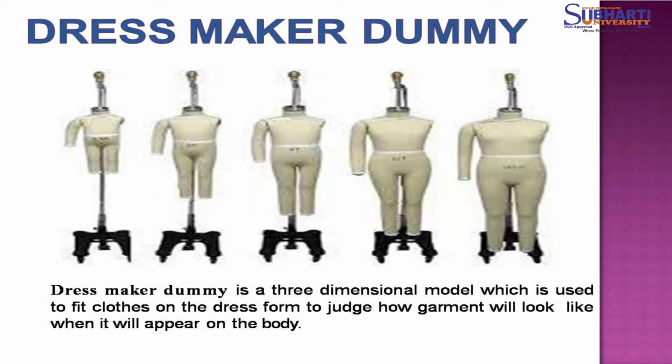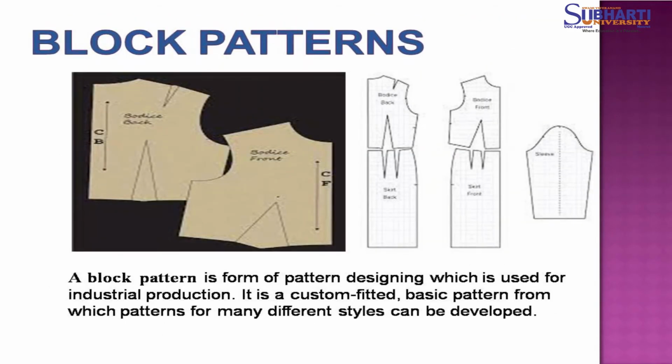These are 3-dimensional models used to fit clothes on the dress form to judge how the garment will look after finishing, or how it will appear on the body after draping. So the designer can easily get an idea of the fit and the draping style with the help of these dressmaker dummies.